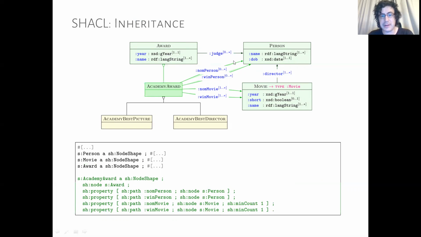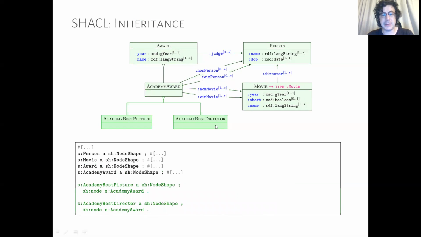And then we have something very similar to what we saw before. We have lots of different links here that we define. For example, we say path nominated person, and we say node must satisfy person. Okay, and we have 0 to many, so we don't define a cardinality. In the case of movies, we say that there must be at least one movie nominated and at least one movie that is won.